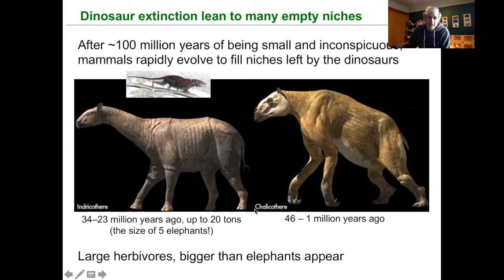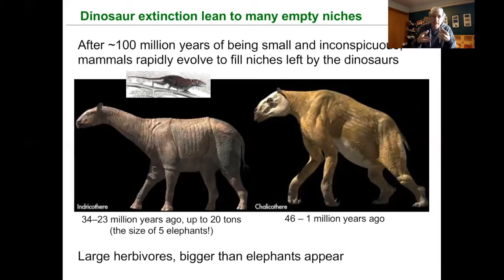In addition, we had the Calicothere. This arrived less than 20 million years after the dinosaurs went extinct and survived up until 1 million years ago. What happened was the asteroid had taken out the dinosaurs. And so remember, when the dinosaurs went extinct, pretty much every single land animal bigger than a dog went extinct.